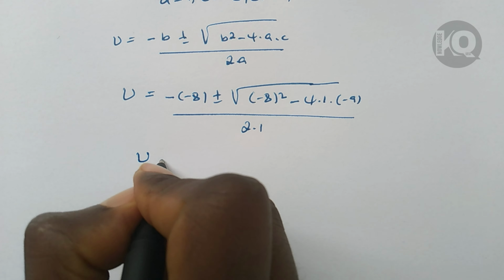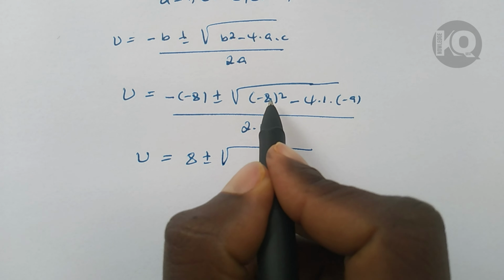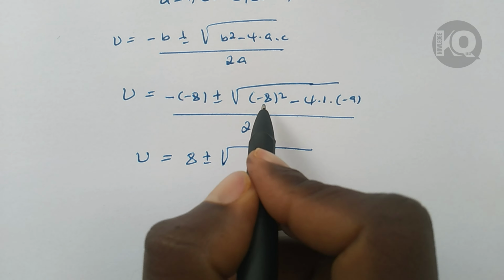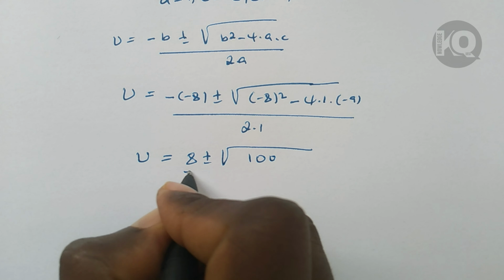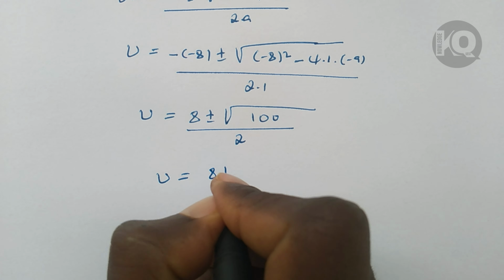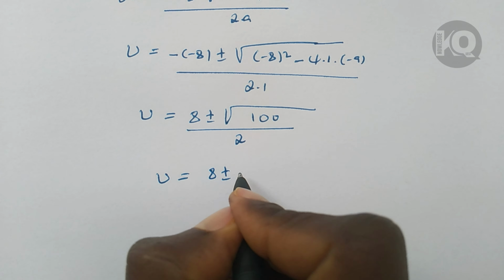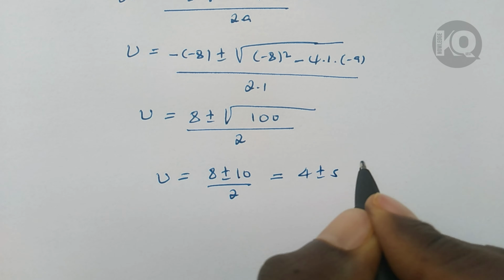So u is equal to 8 plus or minus the square root of, 64, that's minus 8 squared is 64, minus 4 times minus 9 is minus 36, totally it will be 100, divided by 2. So u is equal to 8 plus or minus the root of 100, which is 10, divided by 2, which is equal to 4 plus or minus 5.